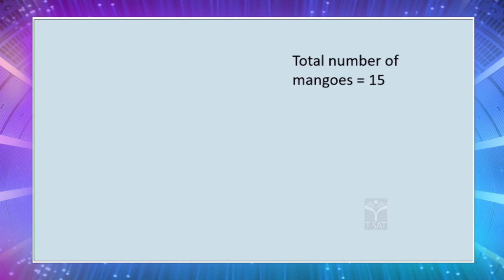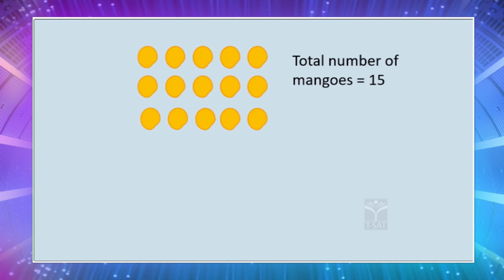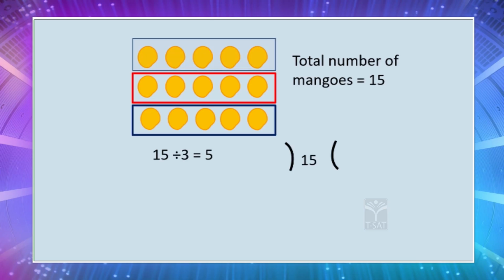We will see another situation by using this only. Total mangoes are 15. See here the standardized form of division, how we will do. 15 we can write like this, and 3 is a divisor. 15 is dividend and 3 is divisor. 3 ones are 3, 3 twos are 6, 3 threes are 9, 3 fours are 12, 3 fives are 15, right?